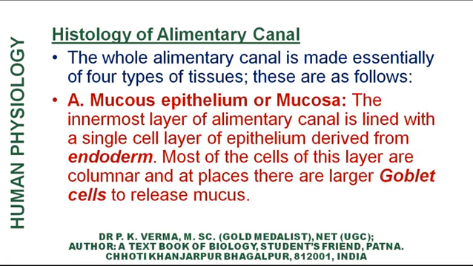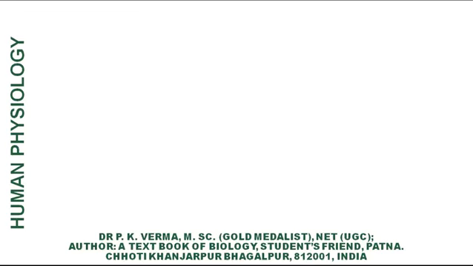The innermost layer of the alimentary canal is lined with a single cell layer of epithelium derived from endoderm. Most of the cells of this layer are columnar, and at places they are larger. They form goblet cells to secrete mucus, so it is called mucosa.